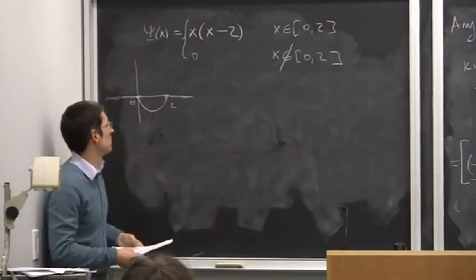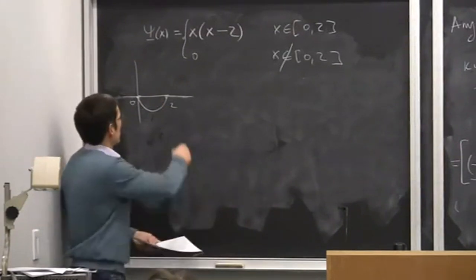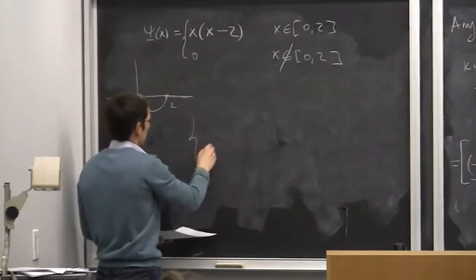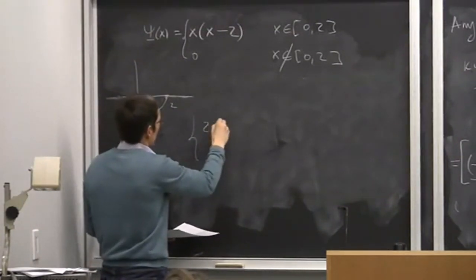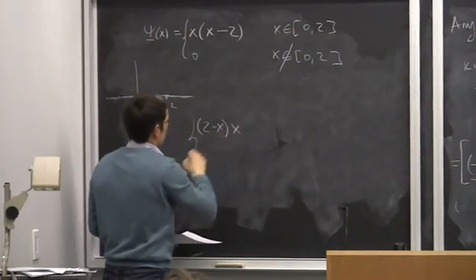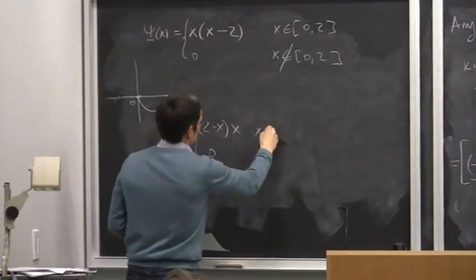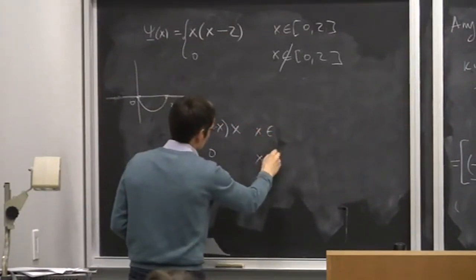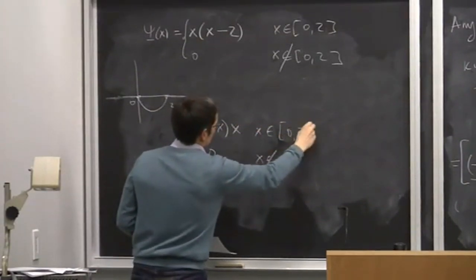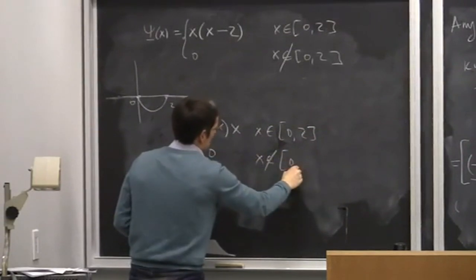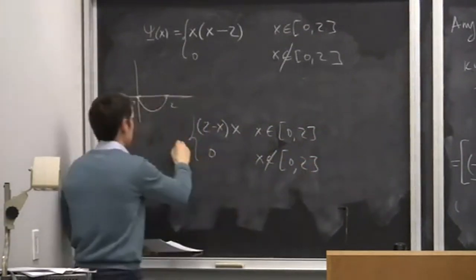And so it really doesn't matter whether you take this function or alternatively 2 minus x multiplied by x, and 0. These two functions give the same probability density.